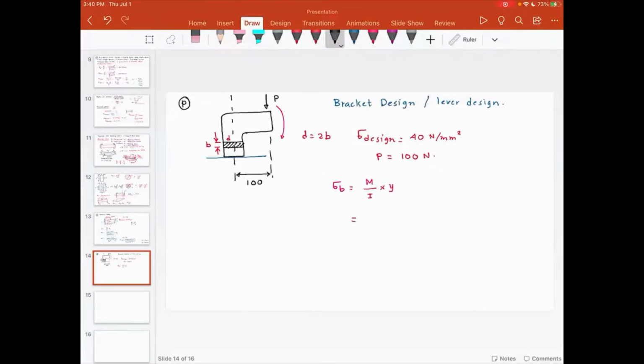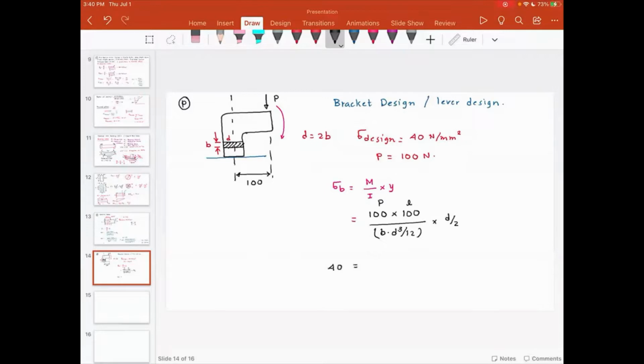So the bending moment is going to be load multiplied by the distance, 100 multiplied by 100. So this is P and this is L, divided by the value of I. Again, it's a rectangular cross section, so it's going to be BD cube by 12 multiplied by the distance from the neutral axis, which is D by 2.